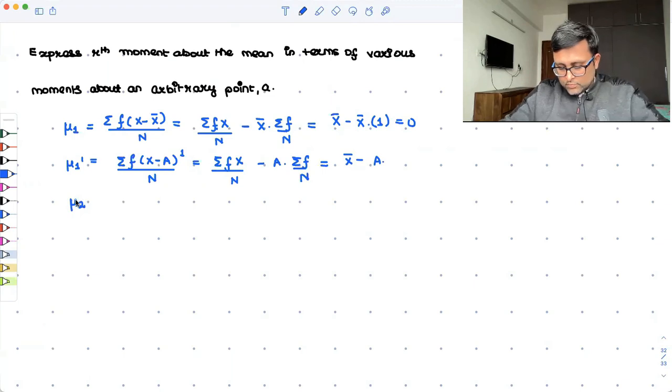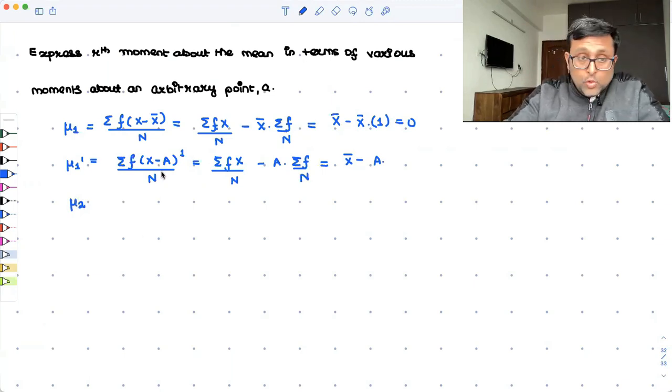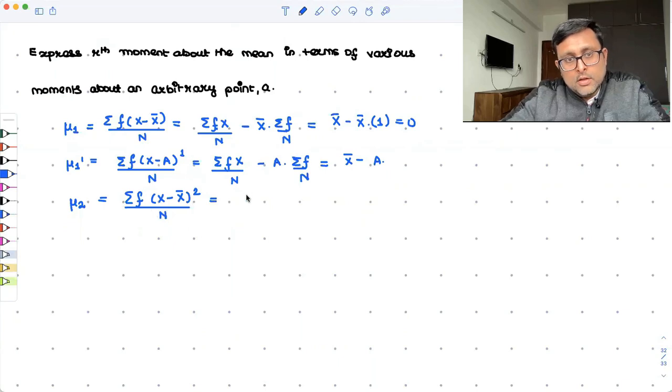Okay. So when you write mu2, that is the second moment around mean, like this, what I can do is I can write this as x minus a. I can add and subtract a here.